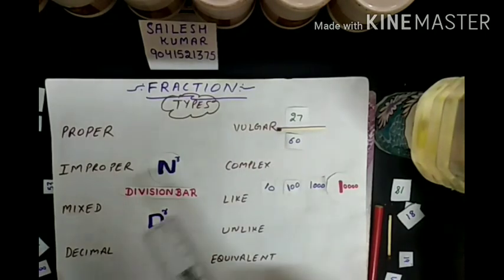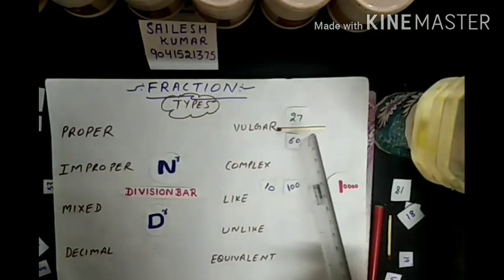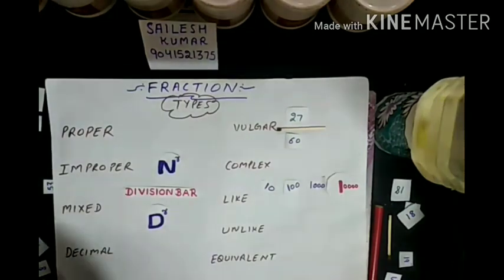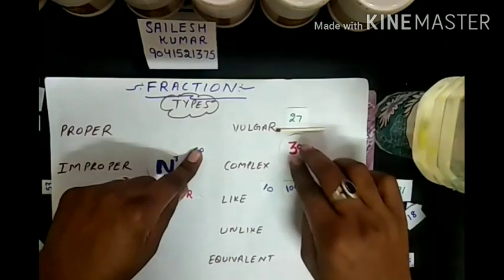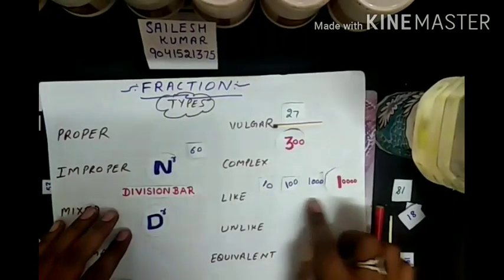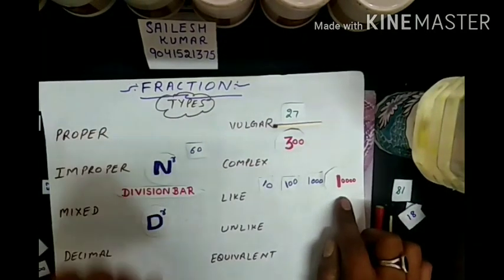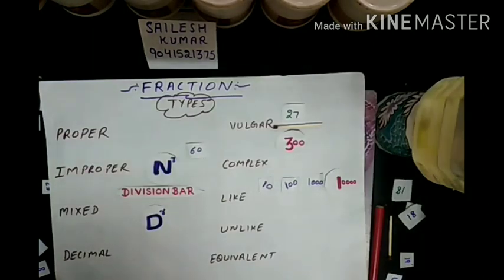Those fractions are called vulgar fractions. The example is being made here: 27 is there and 60 is in the denominator. We can replace this by 300 also. Now you can see that 300 is not of that type of number. So this is an example of a vulgar fraction.